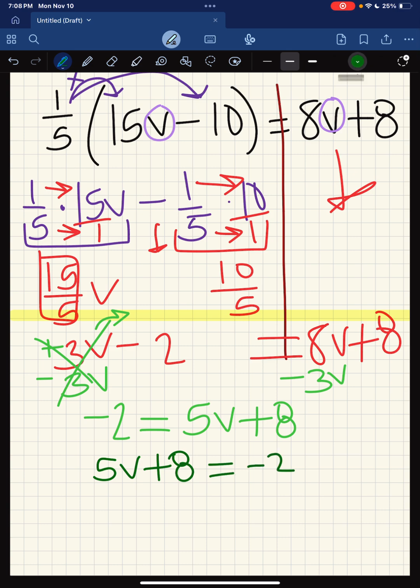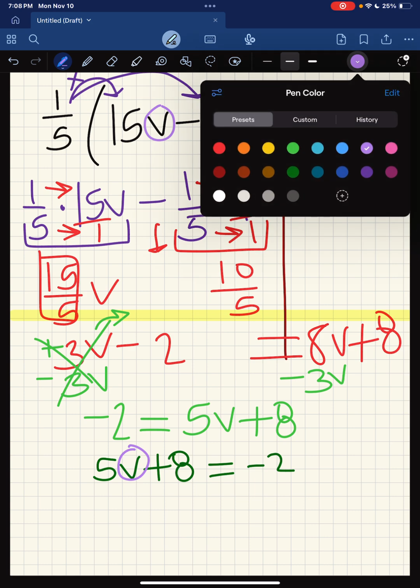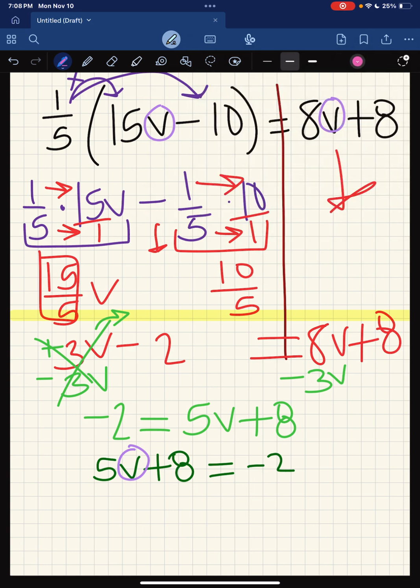Okay, so now what you want to do, if you're looking at your problem, you want the letter v to be all by itself. That's the goal from start to finish, to get one v or one letter on one side and all of your other numbers on the other. Before you can remove the 5v, you've got to get rid of this 8. Right now it says plus 8, and when you're solving equations, it's a whole lot of doing the opposite.